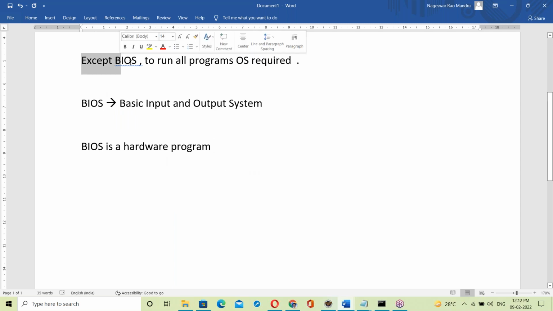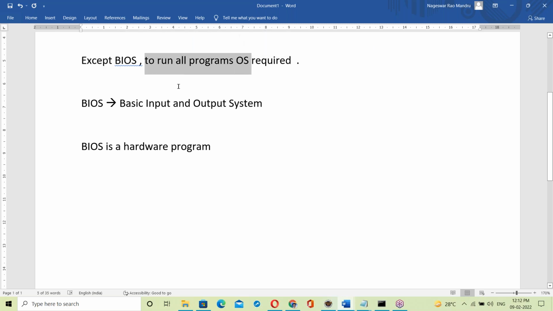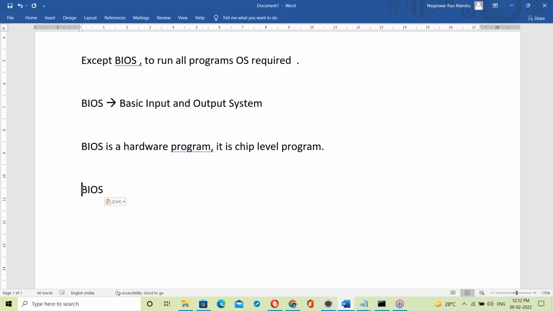Except BIOS, to run all the programs OS is needed. For BIOS, OS is not required, because BIOS is a hardware program, a chip level program. What is the role of BIOS exactly?